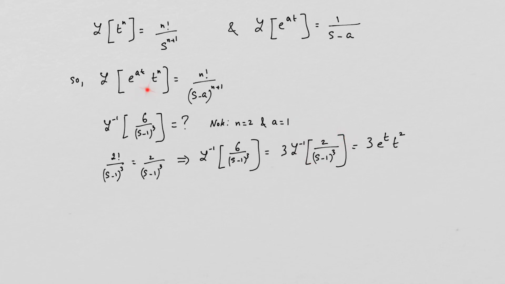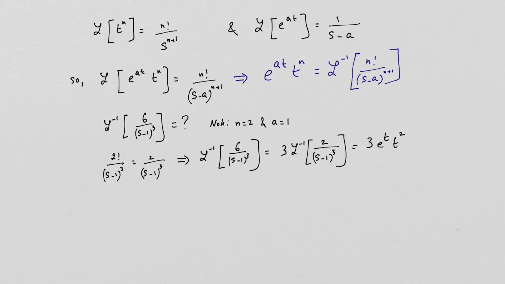It's going to have to be e to the 1t times t squared. I'll repeat it in a different way. This means that e to the at times t to the n is inverse Laplace of n factorial over s minus a to the power of n plus 1.